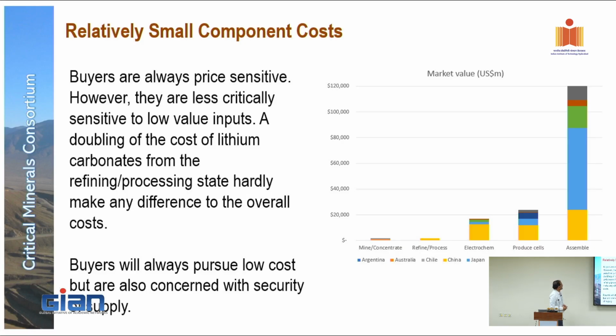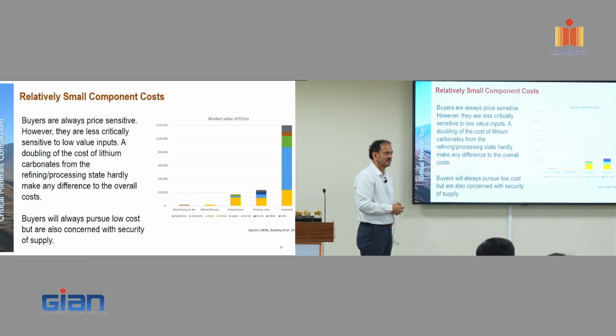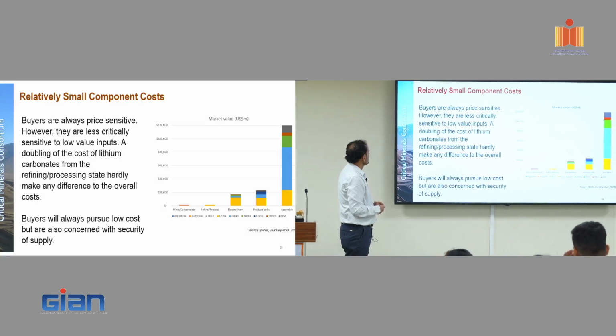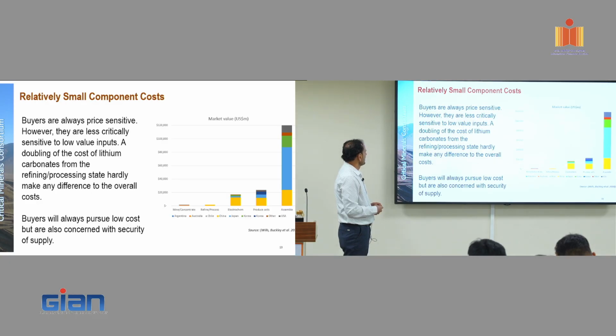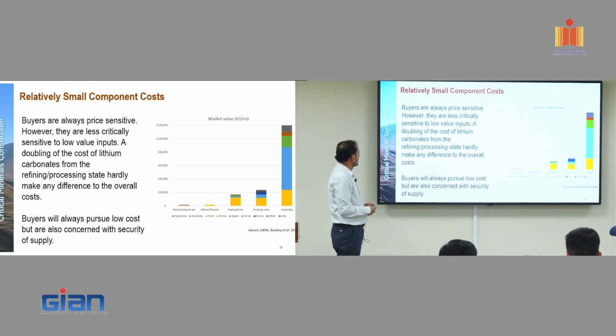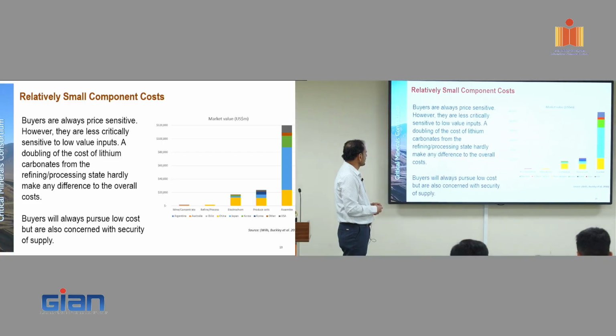So what you have is relatively small component costs. Buyers are always price sensitive, but they are less sensitive to low-value inputs. A doubling of the cost of lithium carbonate at the refining and processing stage hardly makes any difference to the overall cost.